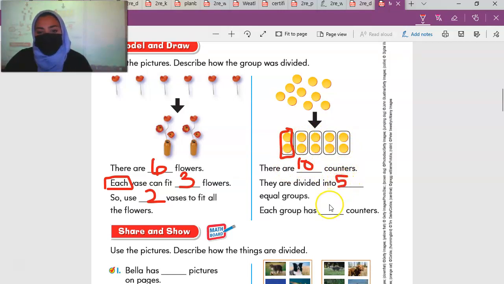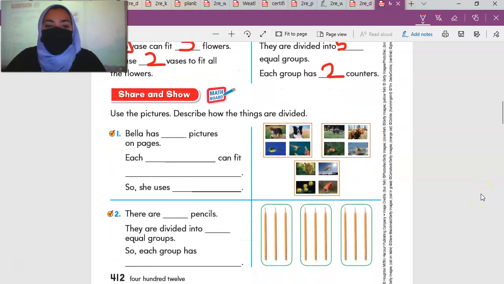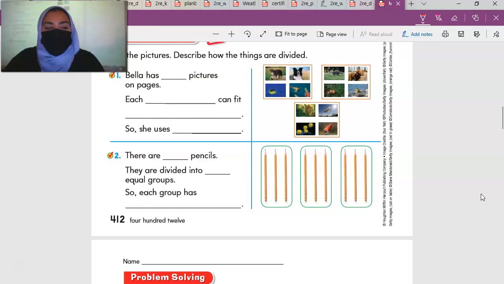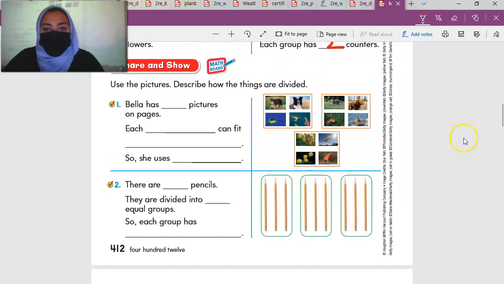Each group has how many counters? 2. Very good. This should be easy if you really pay attention to what they are asking. If you were to try to rush through it, it's going to be confusing.